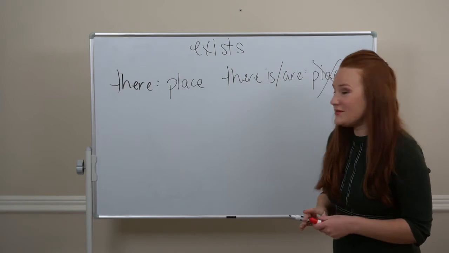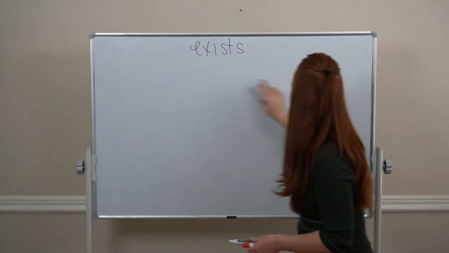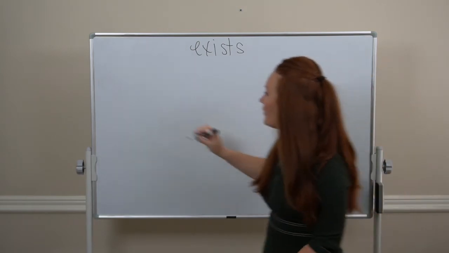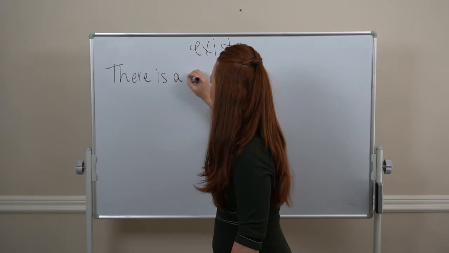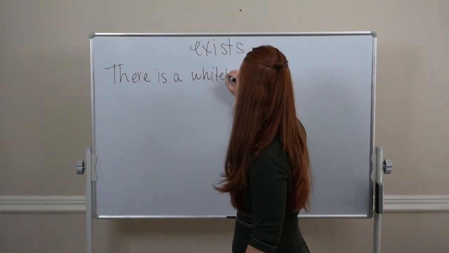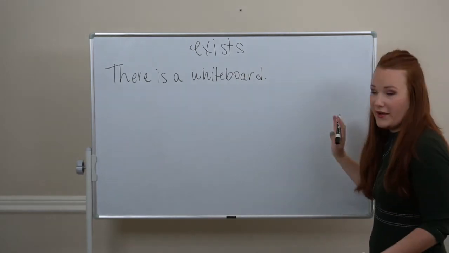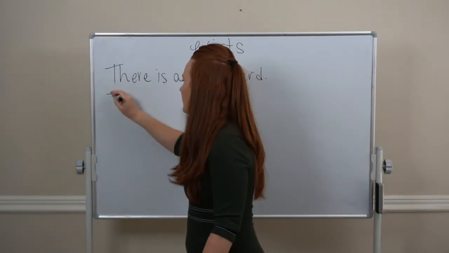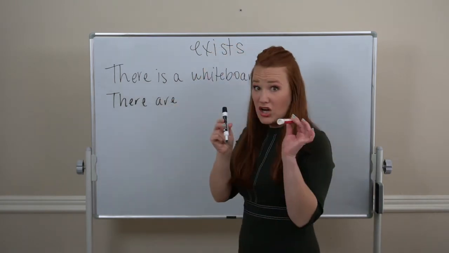So let me give you some examples. In this room, there is a whiteboard that I'm writing on. There is a whiteboard. There are markers.